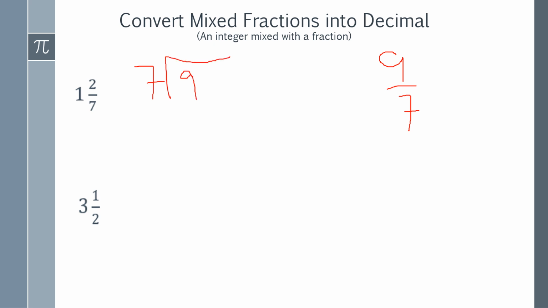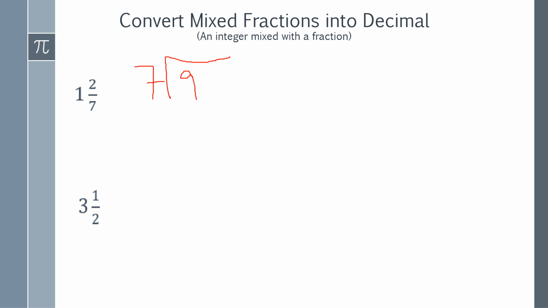So regardless if it's a mixed number, an improper fraction or a proper fraction, we follow the same rule. And that rule is to place the denominator on the outside of the division sign and the numerator on the inside. All right, and once we do that, we do our division.